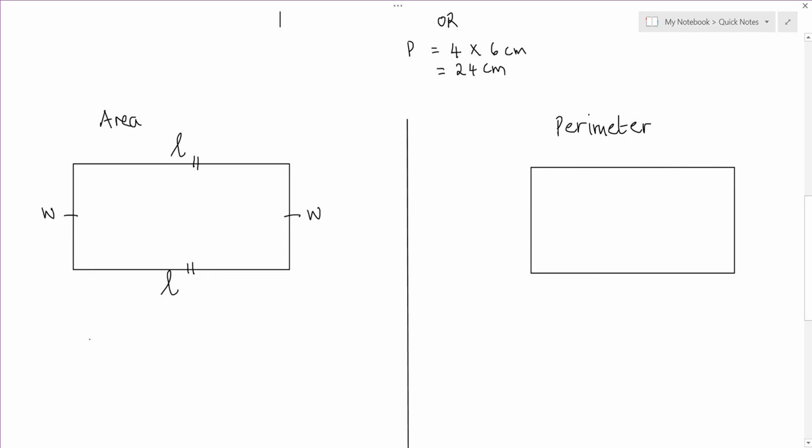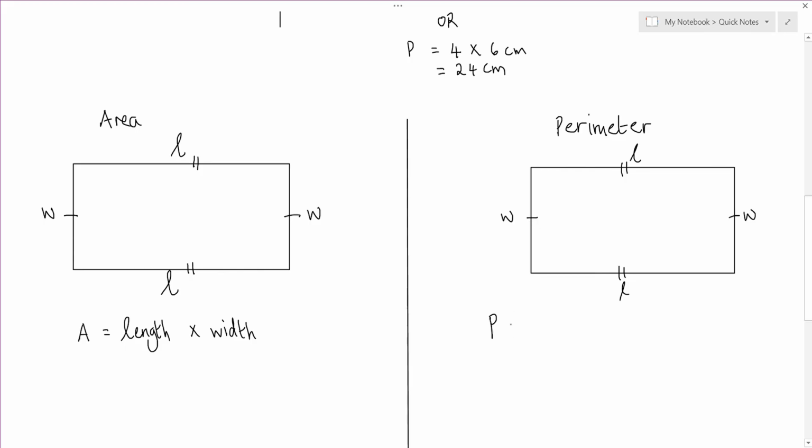So if I was working out the formula here, I'd say area is equal to length times width. Now for perimeter, remember what I've said to you. You've got your two lengths here, and you have your two widths.